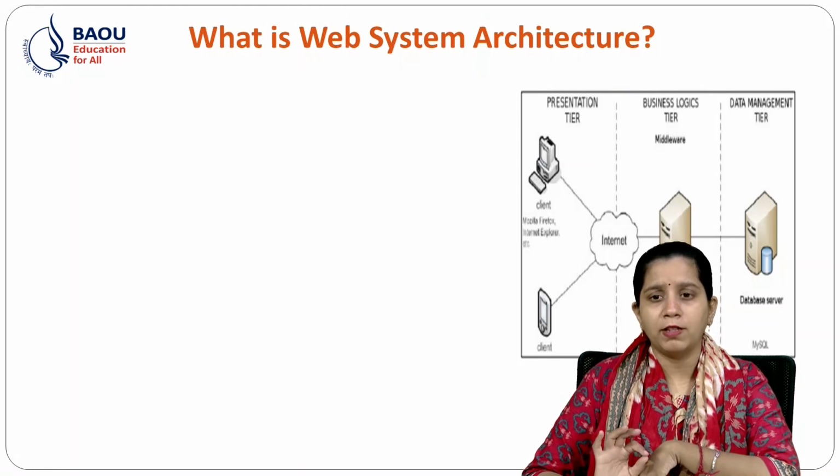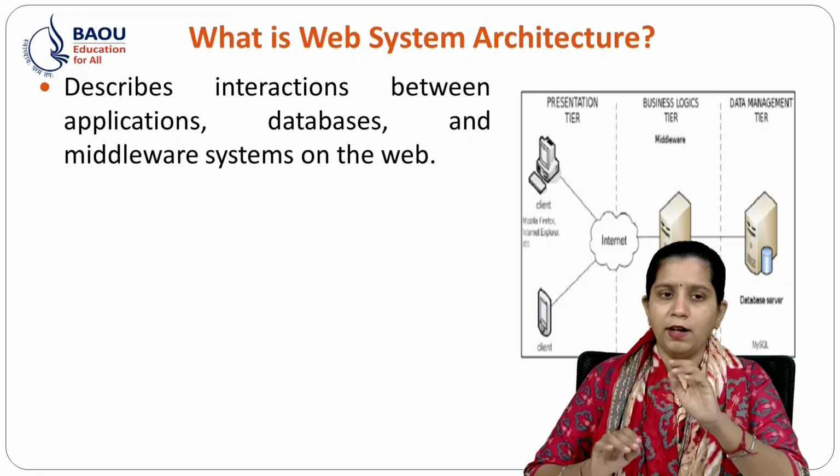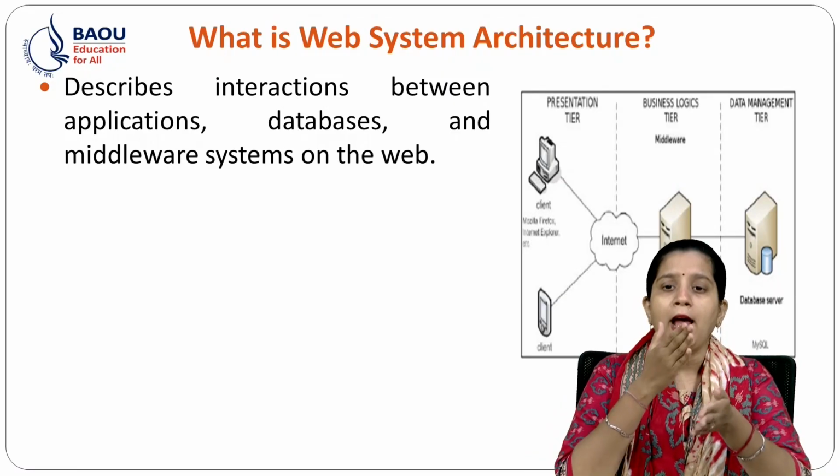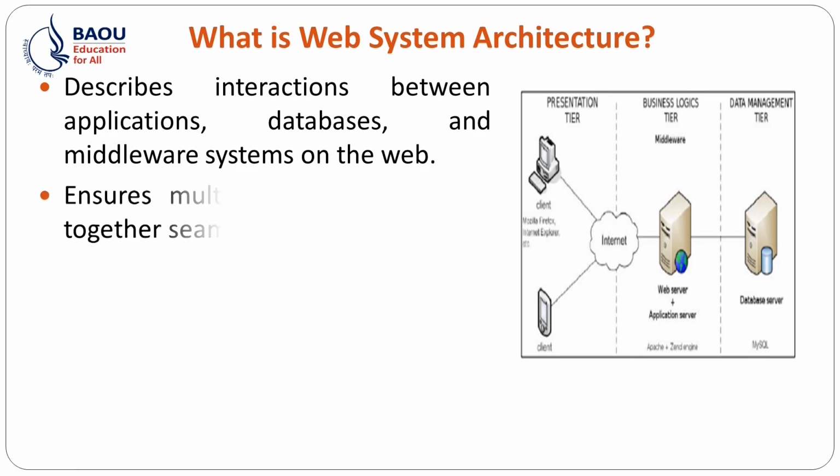Now, what is web system architecture? It describes the interaction between application, database and middleware systems on the web. It ensures multiple applications work together seamlessly.